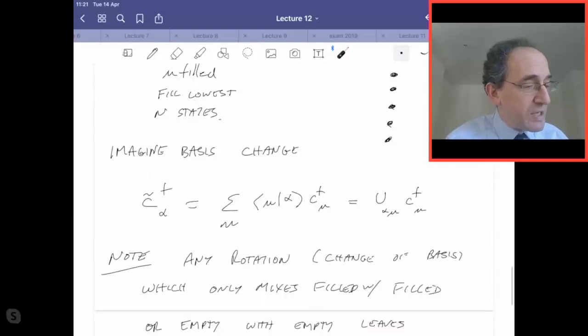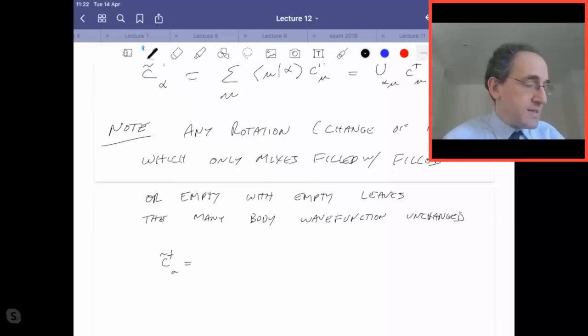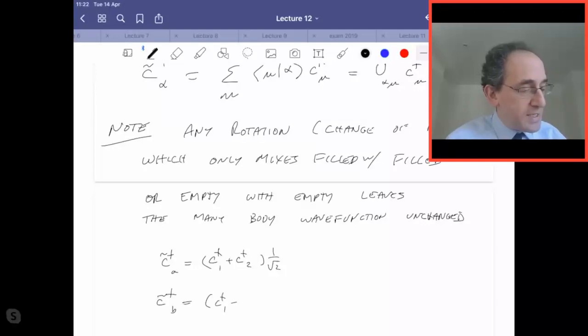So actually, we can be a little bit more definitive about this. For example, if we write C twiddle dagger A is C dagger 1 plus C dagger 2, 1 over square root of 2, and C twiddle dagger B is C dagger 1 minus C dagger 2, 1 over square root of 2. That's a unitary transformation.